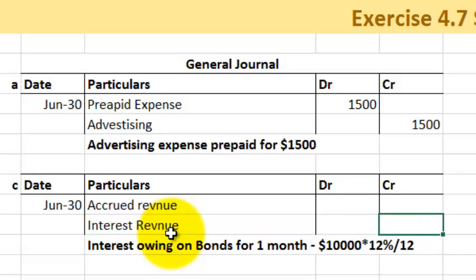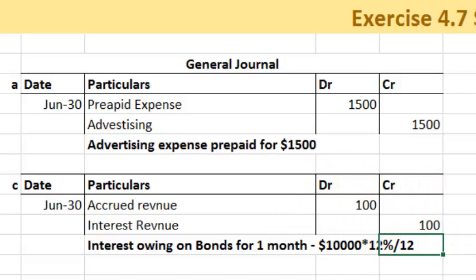So when we do a calculation, 1,000 times 12%, but it's only for 1 month, so 12 on 12 is 1, so it's just 1%. So $100 is what we are owed in interest. Hopefully, that's relatively straightforward.